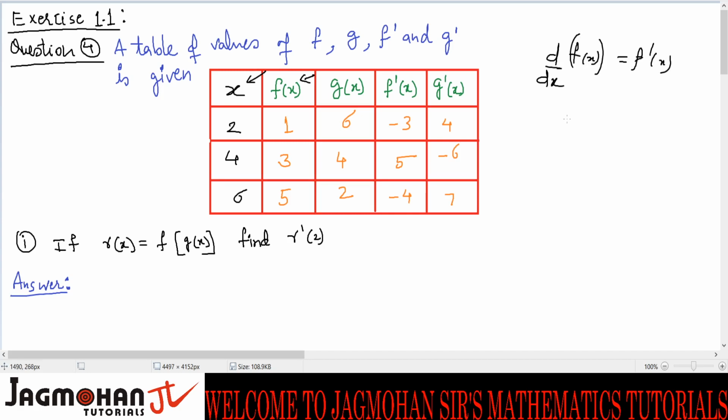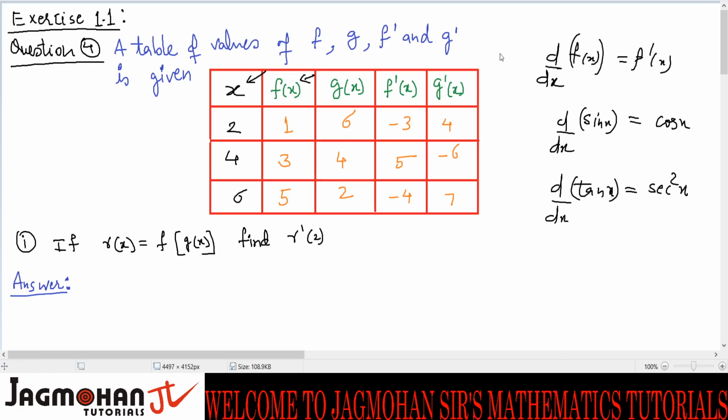It is like when you differentiate sine of x with respect to x, you get cos of x. When you differentiate tan of x with respect to x, you get sec square x.